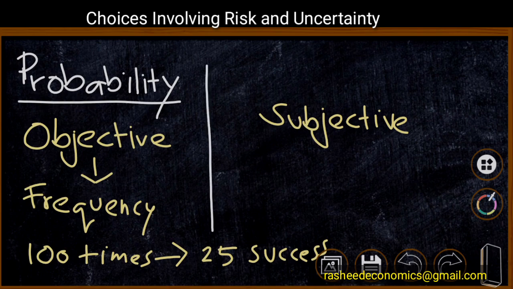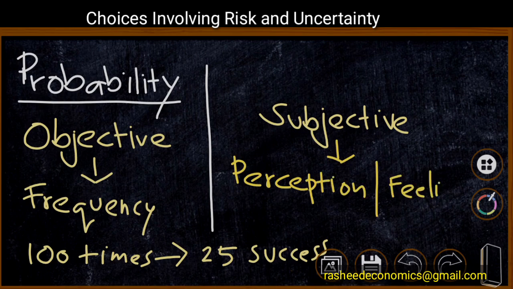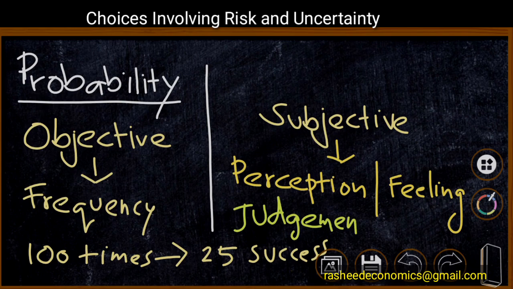Suppose there are no such previous experiences, we will have to depend on subjective probability. In subjective probability, we are depending on the perception of different individuals or the feeling of an individual. We are depending on the judgment or experience of different individuals.